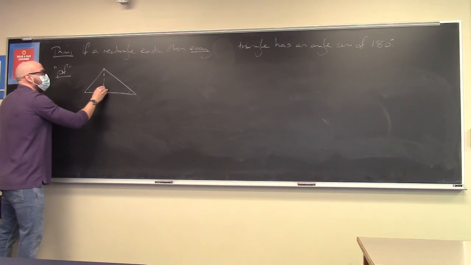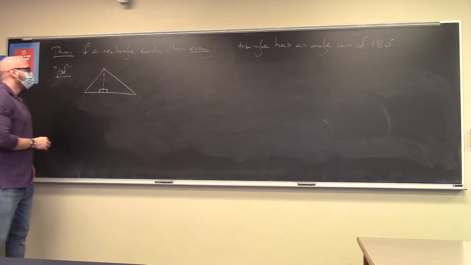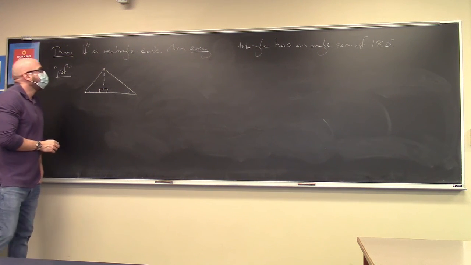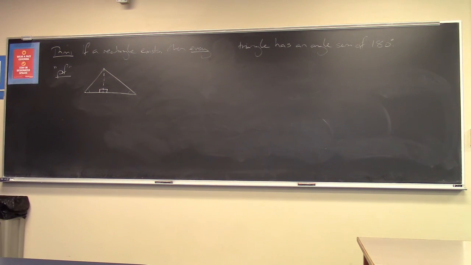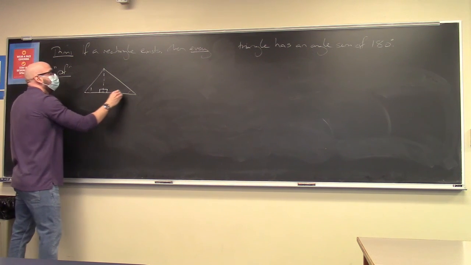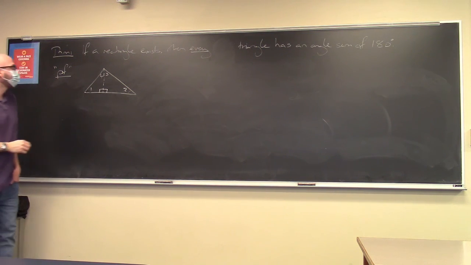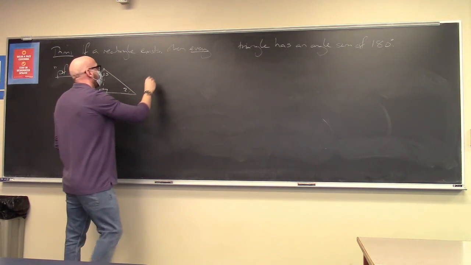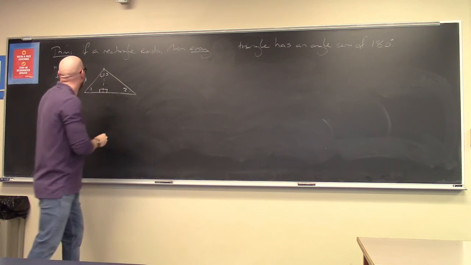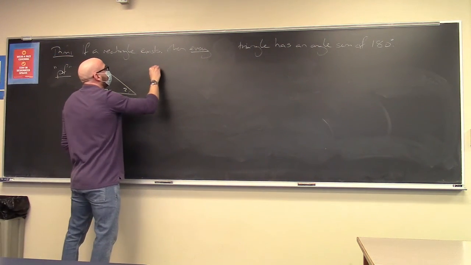Well, now I have two right triangles. And how about we just give these names? 1, 2, 3, 4. So let's go through these.